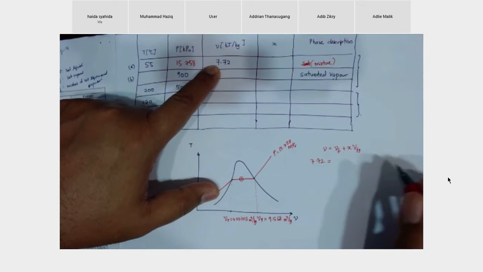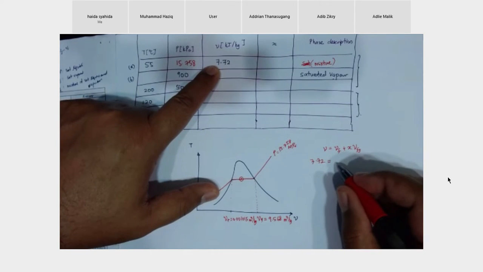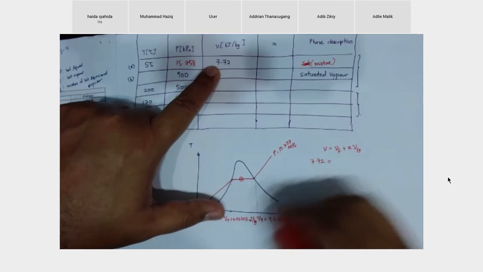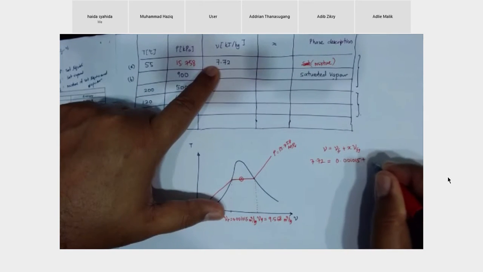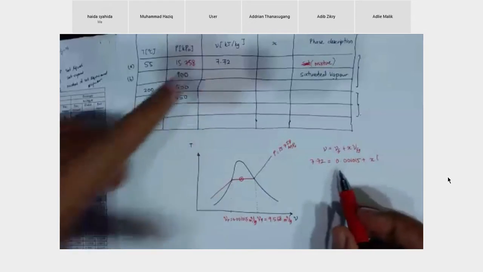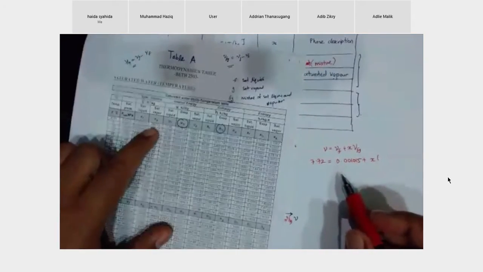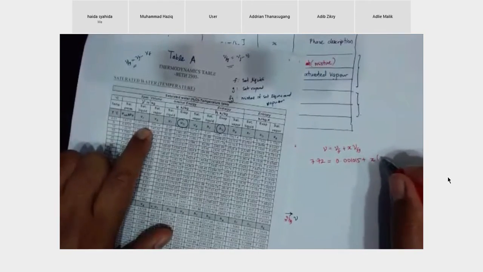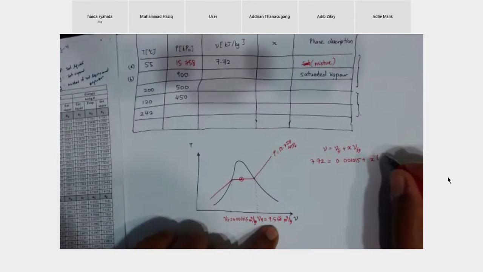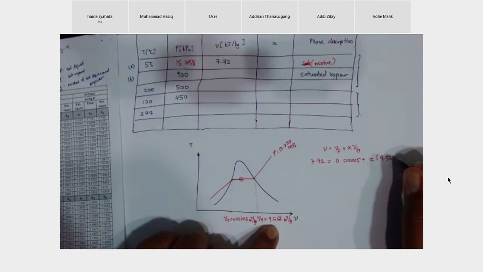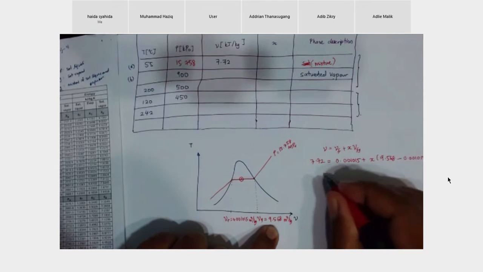Please use a calculator, I'm weak at pressing the calculator tonight. VF is 0.001015 plus X, and because there is no VFG in the table, use VG minus VF, so 9.568 minus 0.001015. So what X do you get?